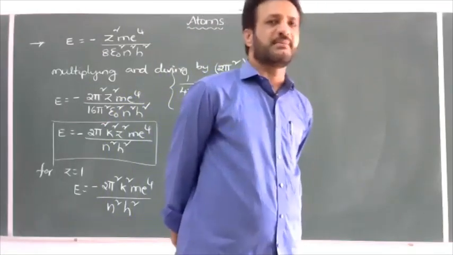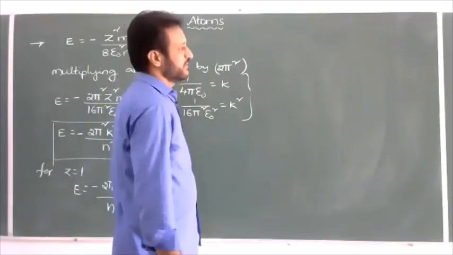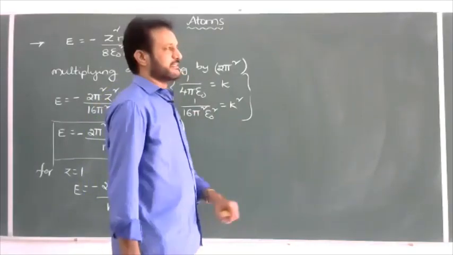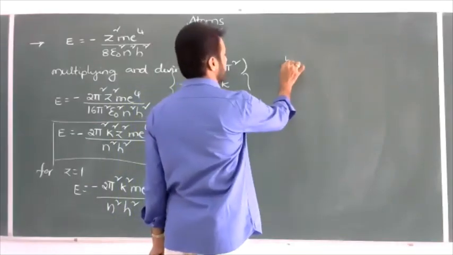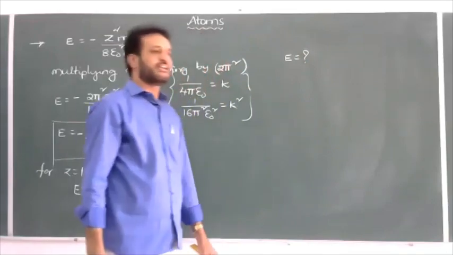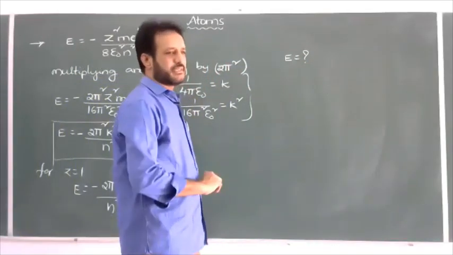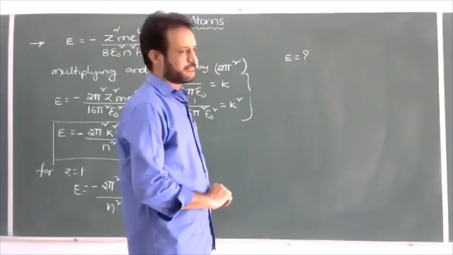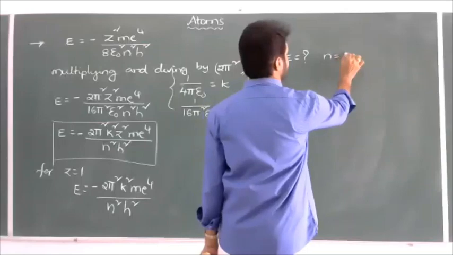That is the question we should calculate. So they asked to find the total energy of the electron, so we should put E question mark. That is what you should calculate: the total energy of the electron in the third orbit. So we should take n is equal to 3.